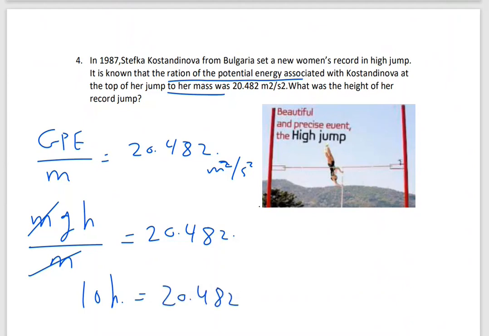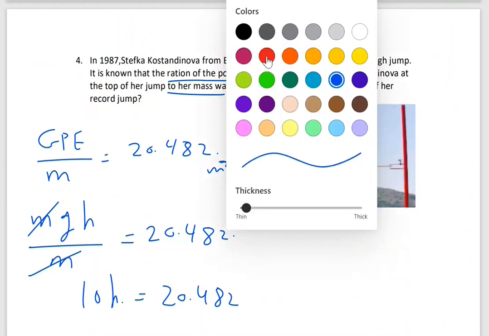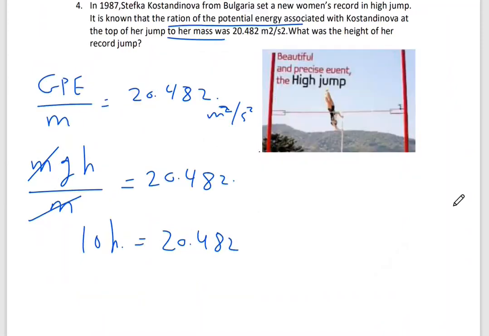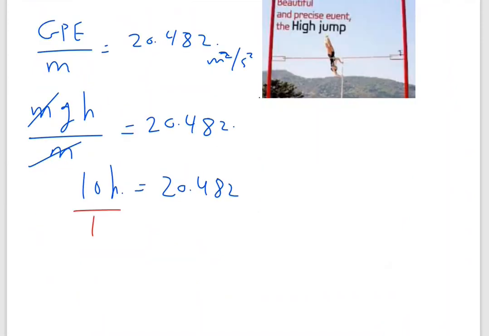So I need h, divide both sides by 10, get rid of 10 here. h will equal 2.0, rounding the number, 5 meter.